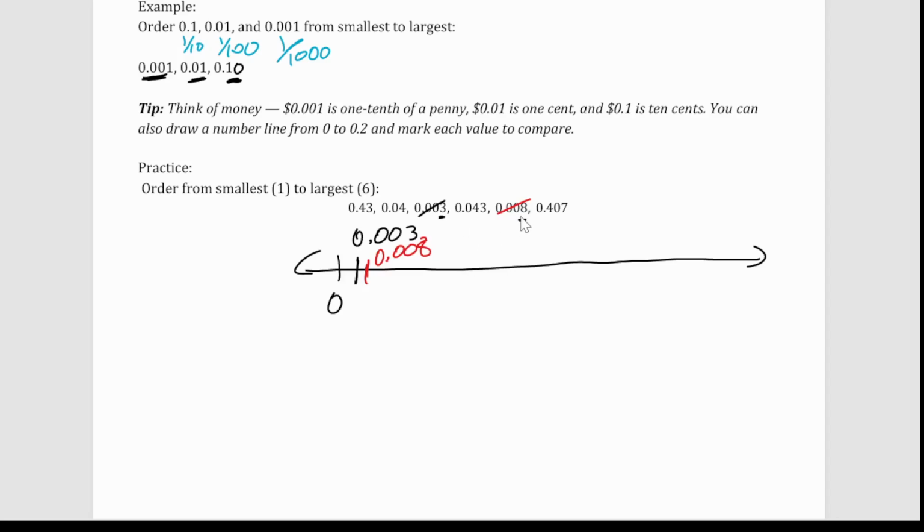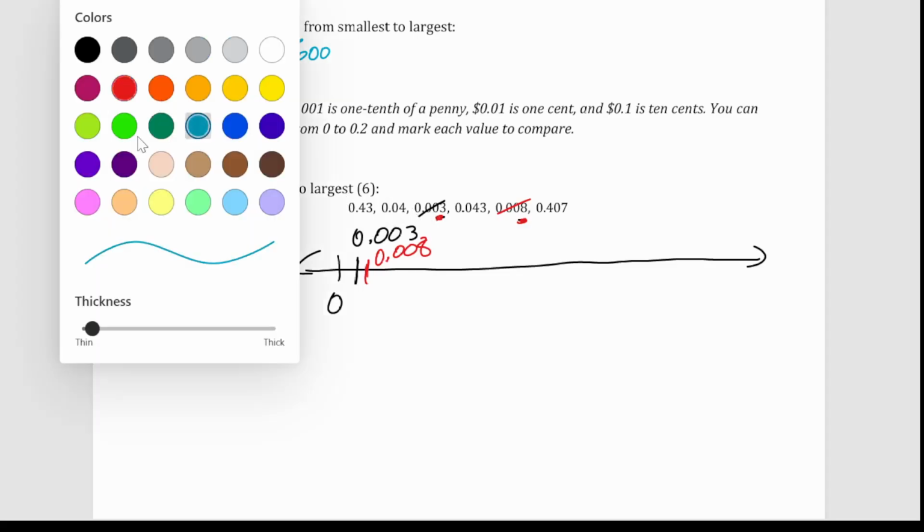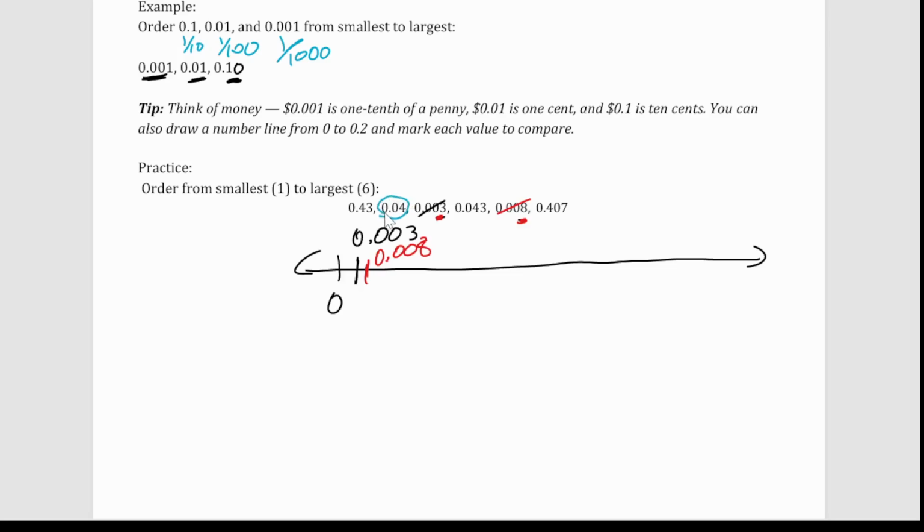Now we've dealt with all the numbers where they go all the way to the right in terms of their place value. So we've dealt with everybody who's just fractions of 1,000 only. Now we can look at numbers that are just a little bit bigger than that. In particular, I would be noticing here the 0.04 and 0.043 are very, very similar numbers.